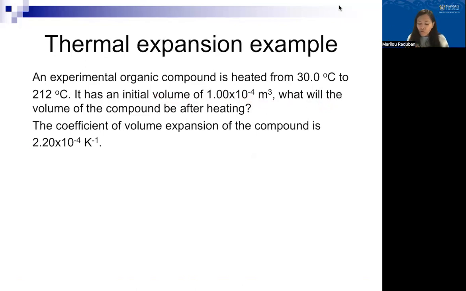And so we want to determine what will be the new volume of the compound after heating, after it has expanded. And the coefficient of volume expansion for the compound is given here. So it's a volume expansion, meaning this is beta, the coefficient of volume expansion.